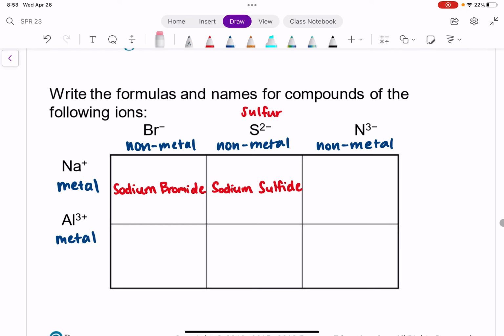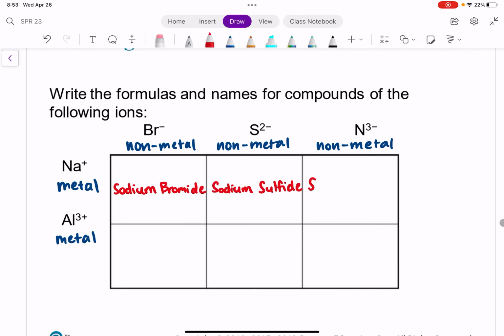It's not as easy as it is with the halogens, right? Where fluorine becomes fluoride, chlorine becomes chloride, sulfur becomes sulfide. Maybe not as intuitive, but you'll start to get used to it, especially the more you hear it in lab. So sodium sulfide.